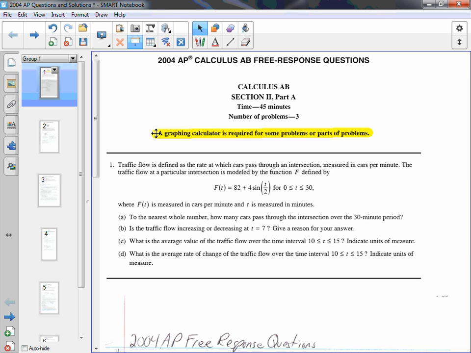All right, so we're trying to accumulate the number of cars over this period from 0 minutes to 30 minutes. So what kind of a definite integral are you thinking? Integral from 0 to 30. Of what? Of that function, of that rate. Okay?